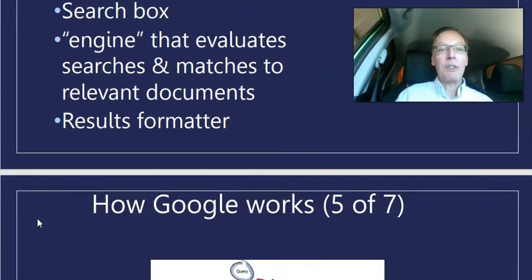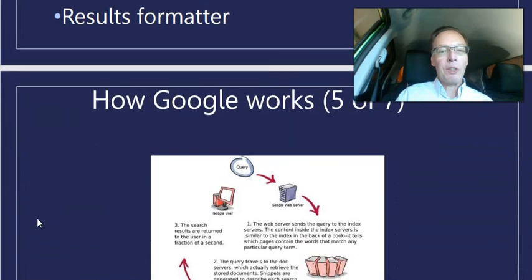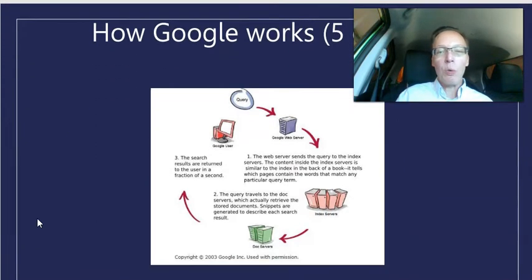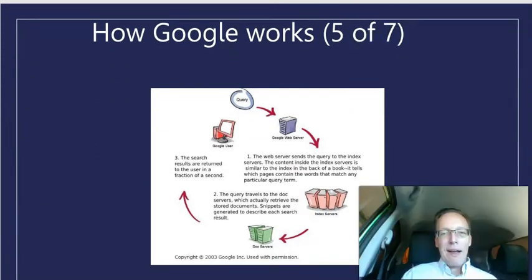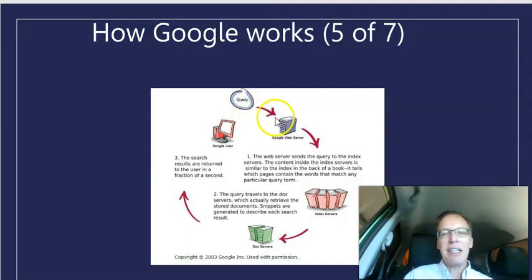All right, so let's move on to the next part about how Google works. I just reposition this, and this is a visual representation of what we were talking about on the previous slide. Somebody types in what they call a query. You can call it your search phrase, whatever you want. It goes to Google's web server, or that all happens on Google's web servers.